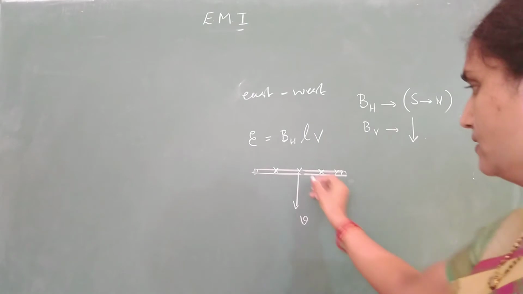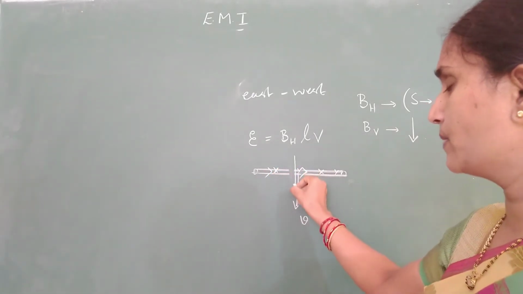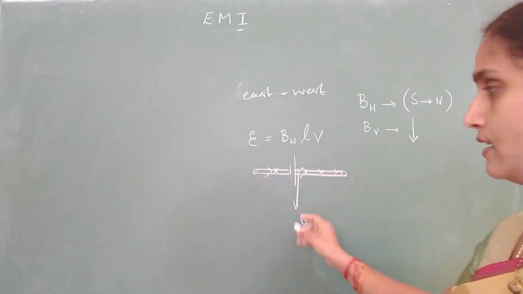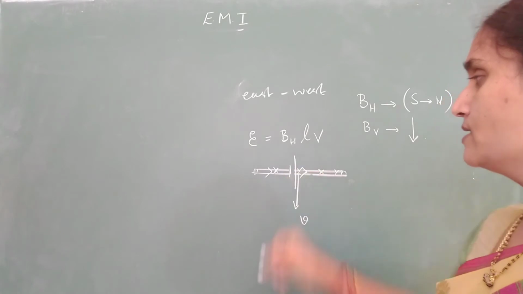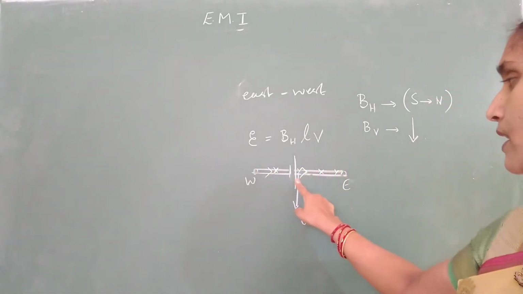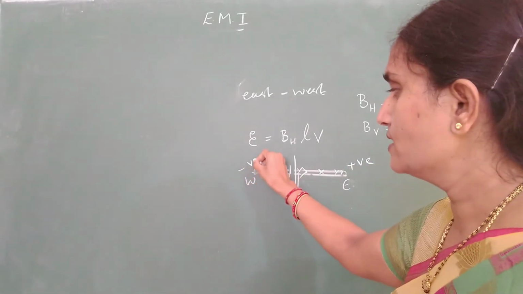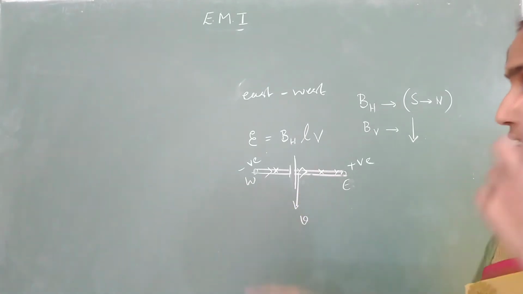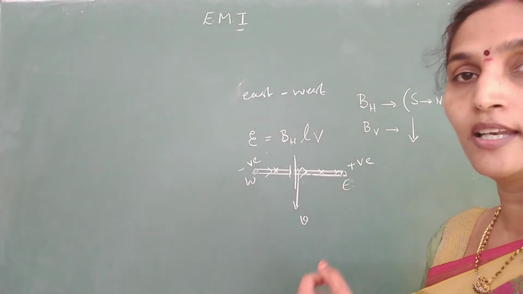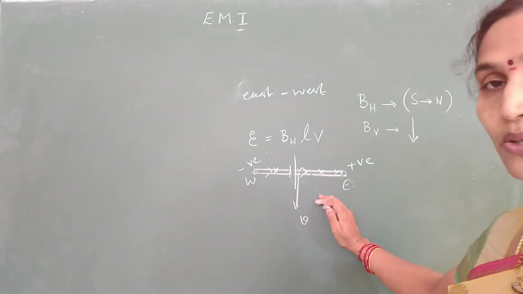If this is the direction of current in the wire, current always moves from negative towards positive inside the source, so the end it flows toward is positive. Current is shown this side. So which end is positive and which end is negative? If this is west and east, the east end is positive. The west end is negative. So this is how you can identify the polarity by making use of Fleming's right hand rule. So this is one question.